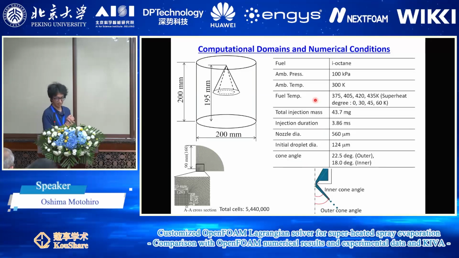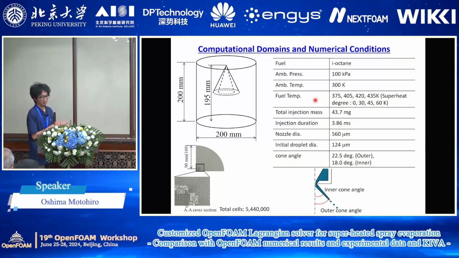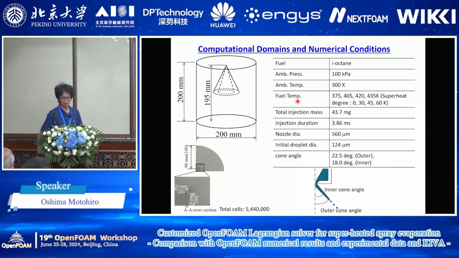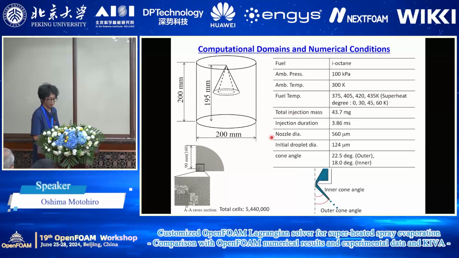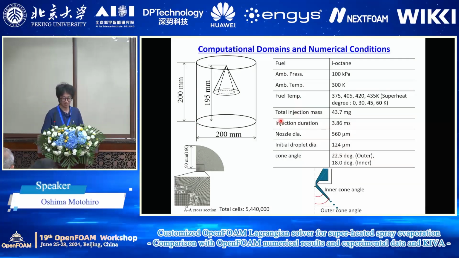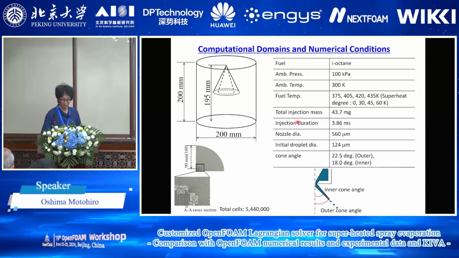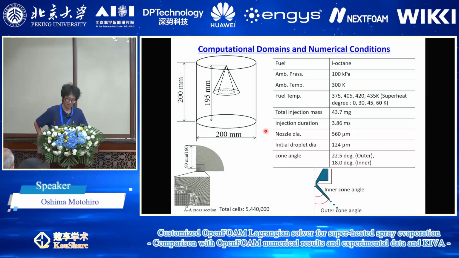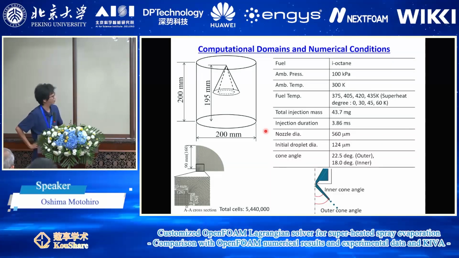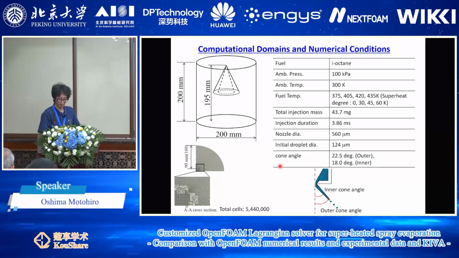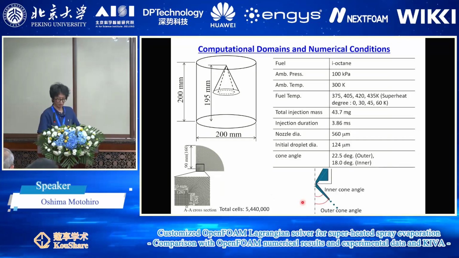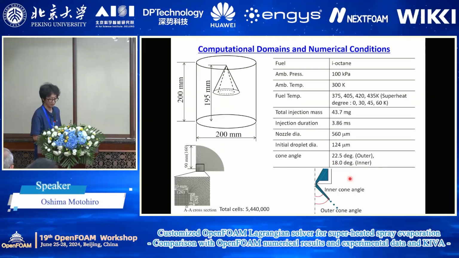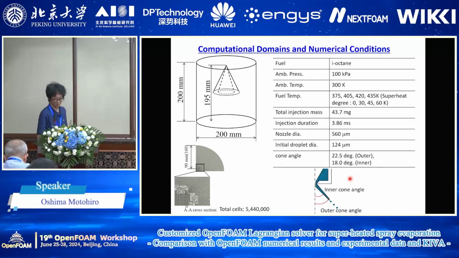The superheat degrees are 0, 30, 45 and 60 Kelvin. Total injection mass is 43.7 milligrams, injection duration is 3.86 milliseconds, and nozzle diameter is 560 micrometers. Initial droplet diameter is 124 micrometers. The cone angle is defined by this figure: the outer is 22.5 degrees and the inner is 18 degrees.